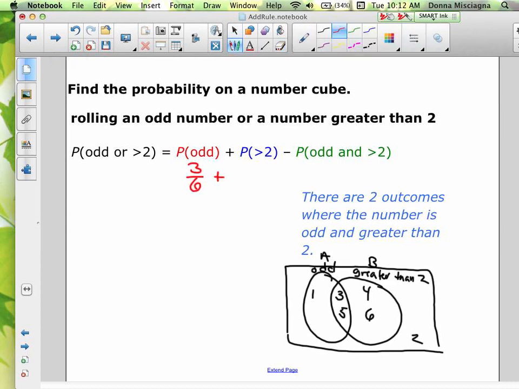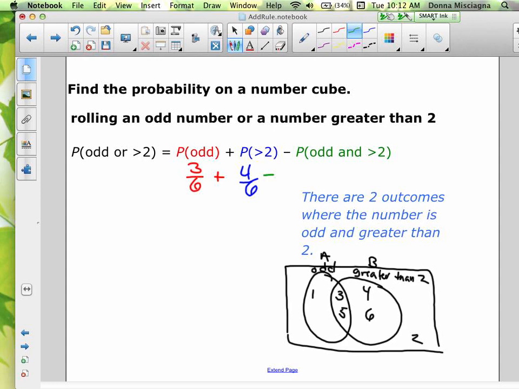How about the probability of greater than 2? So how many were greater than 2? 4. Yep, 4/6. And then we've got to subtract the intersection, the odd and greater than 2. What would we subtract? 2/6.